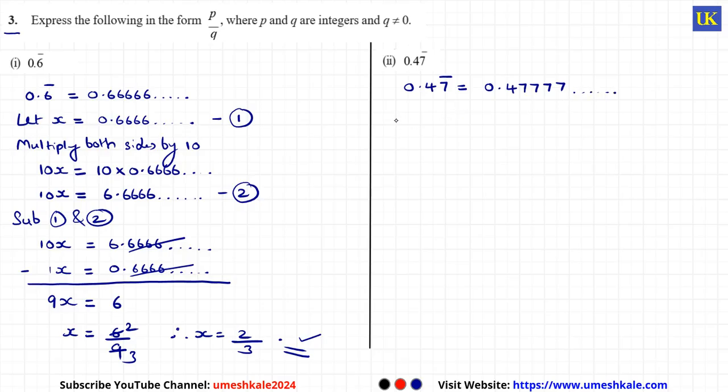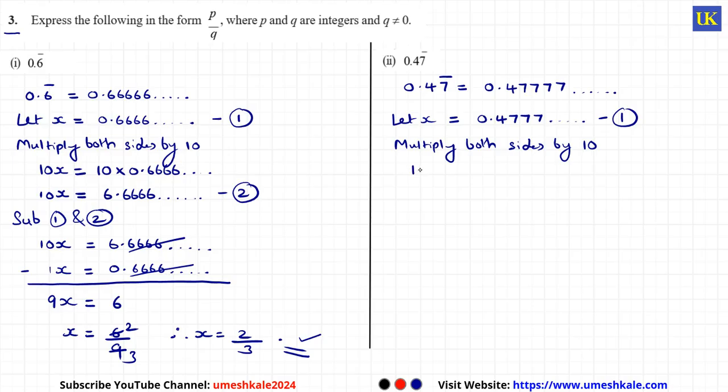Okay, so we will say let x is equal to 0.4777. We'll write it like this, and we will take this as equation 1. In a similar fashion, we will solve this. Only one digit is repeating here, so we will multiply both sides by 10.